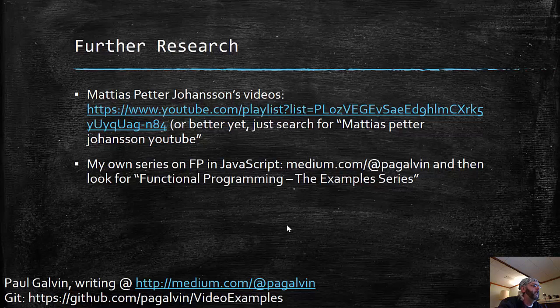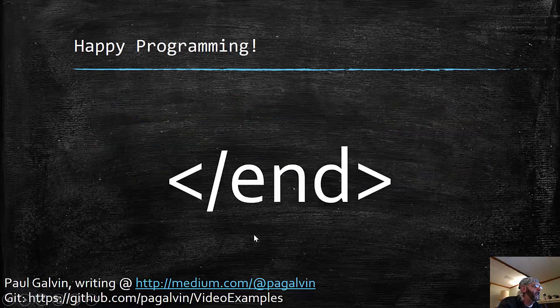That's the link to his playlist, but you may have better luck just looking up Matthias Peter Johansson in the Google machine. And then I have my own series on functional programming in JavaScript, and if you just go to my Medium site, then you can look for functional programming, the example series, and you'll find a number of examples. And that's that.